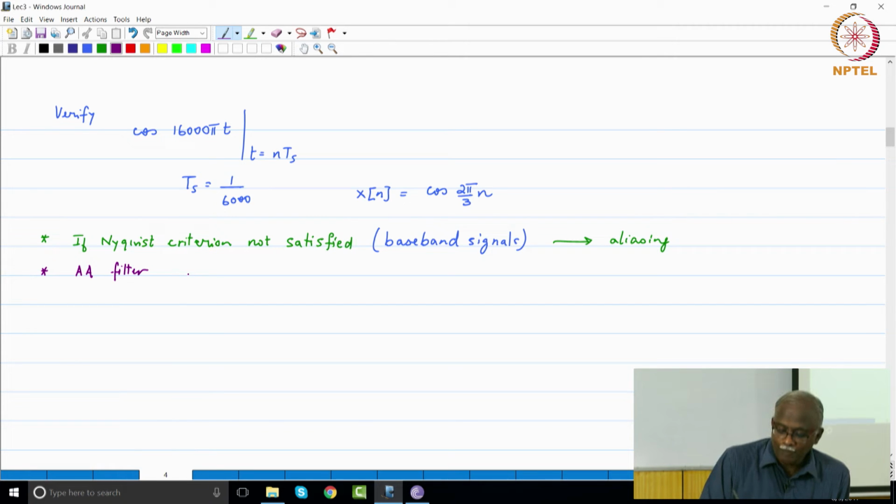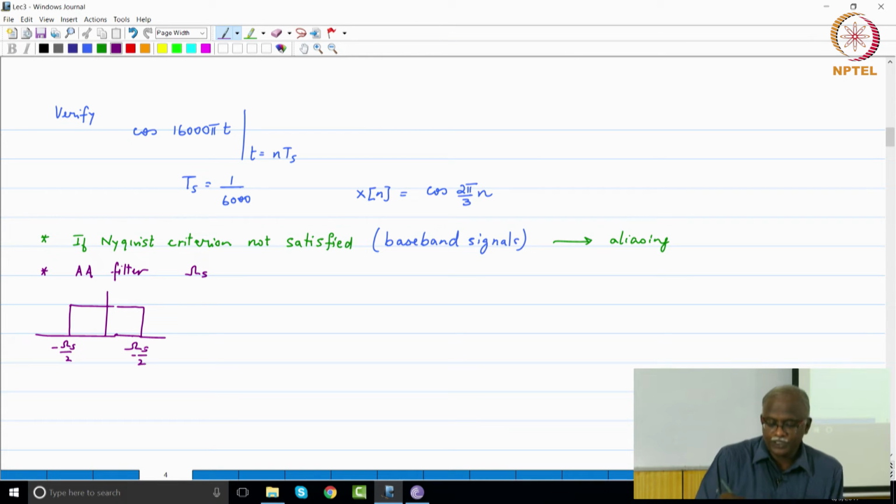If the sampling frequency was omega s, the anti-aliasing filter would be from minus omega s by 2 to omega s by 2. It will force the input signal going into the sampler to be band limited, and therefore you will not have the effect of aliasing. So, that is a useful result for us.